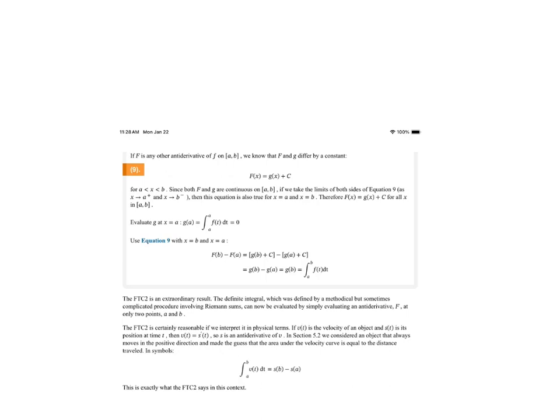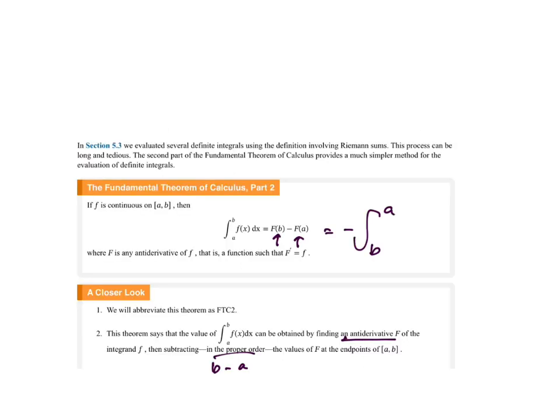Okay, so what was interesting is it says this works for an antiderivative. I know that I read that part to you. An antiderivative of f. Okay, how many antiderivatives are there possible? An infinite amount, because they differ by that constant c. Have y'all seen that before? Where we found an antiderivative and we graphed it, and we found a different one at a different c value and we graphed it, and they're all parallel.